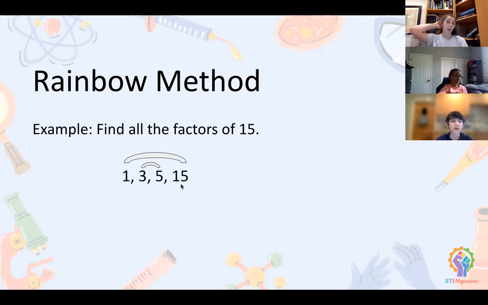So in order to write out all the factors, you can start at 1 and find all the lowest factors that you can find of that number, and then once you can't find it anymore, then you see what that last number, so the 3 in this case, is multiplied by to get that number, and you write that number next so that you're going in increasing order from the smallest number to the largest number.